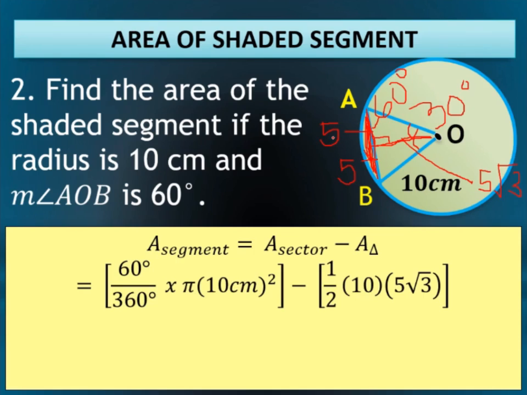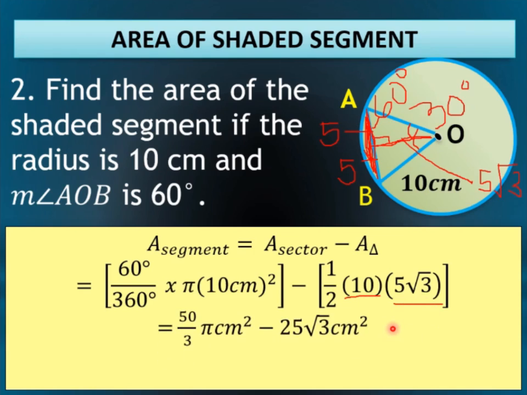So the base will be equal to 5 plus 5, which is 10 centimeters, and the height of the triangle is equal to 5 square root of 3 centimeters. So therefore, we have 1/2 multiplied by the base, which is 10 centimeters, times the height of the triangle, 5 square root of 3 centimeters.